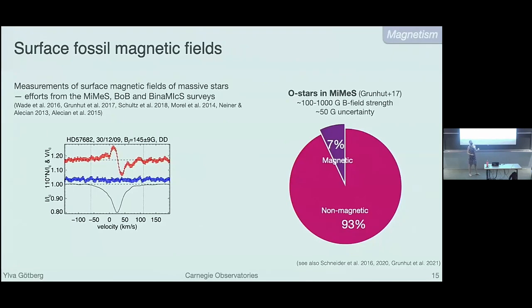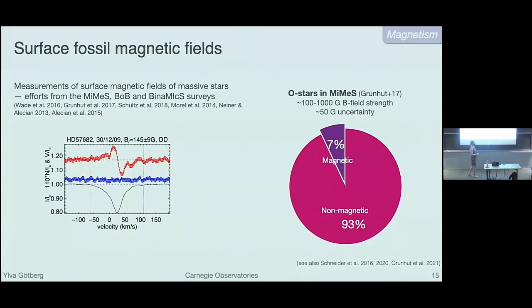It depends on the star. From the survey, it's pretty clear that a large fraction of massive stars don't have strong magnetic fields on the surface. There could be things inside. People have argued that this is a result of mergers, massive stellar mergers that invoke this magnetic field.